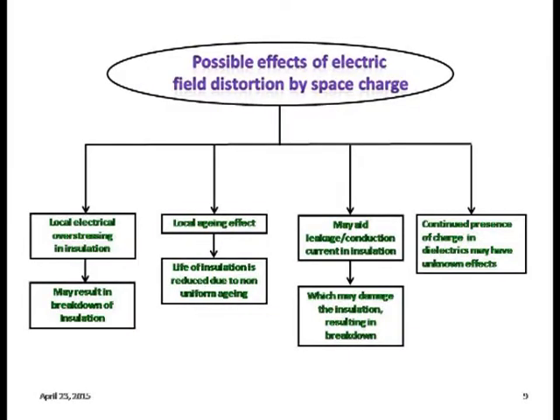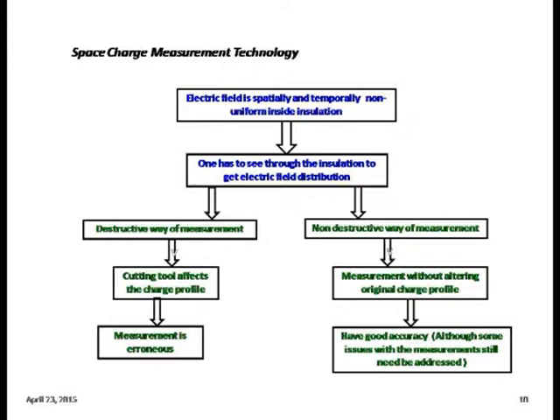So these are all the reasons why measuring space charge inside dielectrics, and from that estimating the electric field, is considered very important. Now, in space charge measurement technology, the electric field is spatially and temporally non-uniform inside the insulation, as we have seen just now. So one has to see through the insulation.